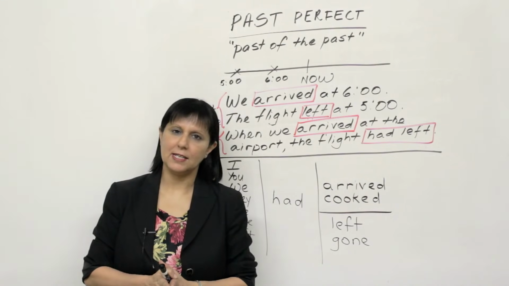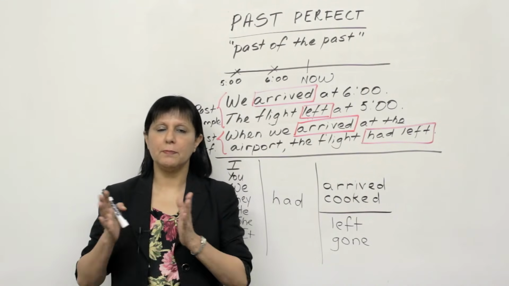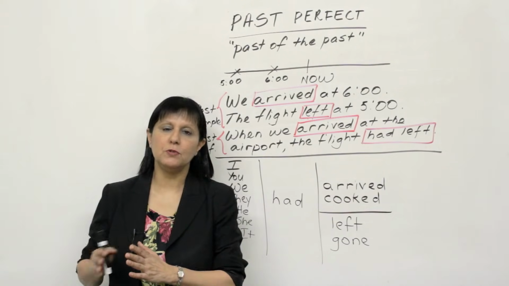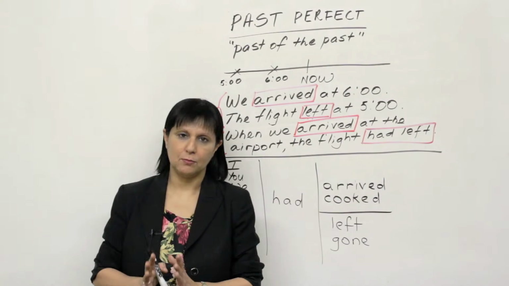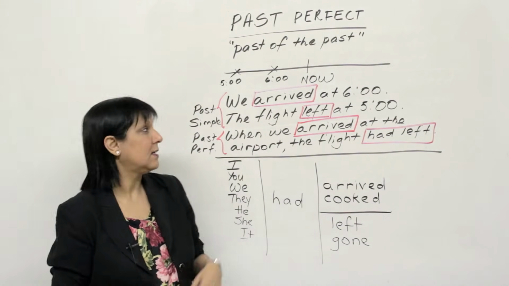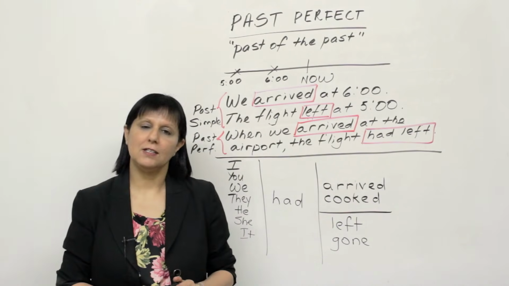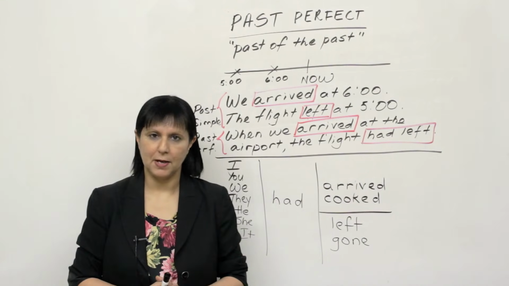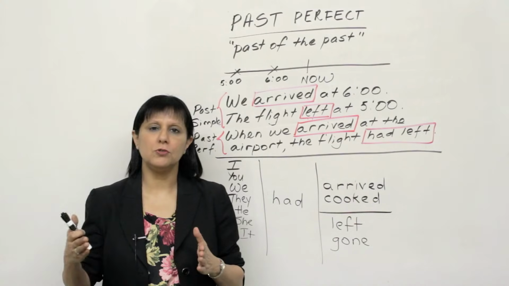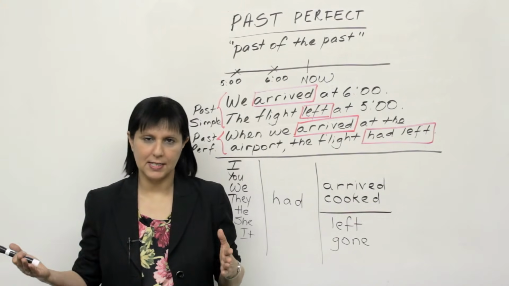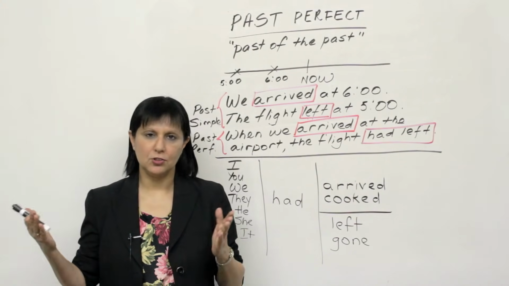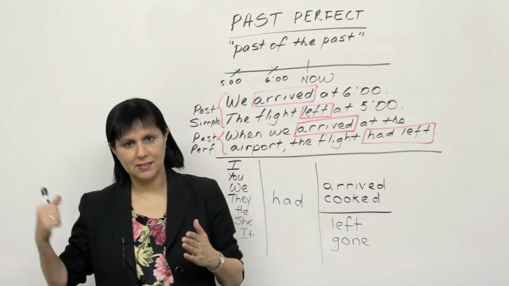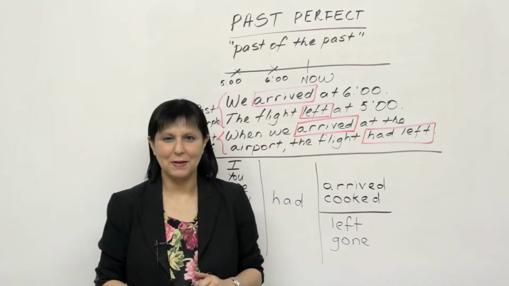The simple past tense we use to talk about one thing that happened in the past and it's over, right? Or even a few things that happened at the same time, more or less. But the past perfect tense is used when we're talking about two or more things that happened in the past, and you want to indicate which of these two things, let's say, happened first in the past. Okay? What do I mean by that?